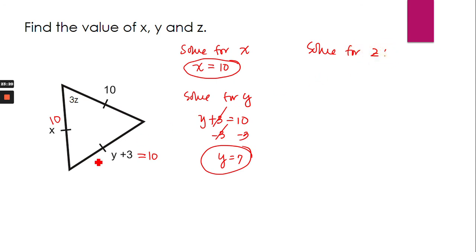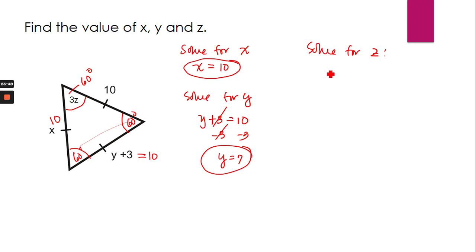Now let us solve for z. Okay, so this is an angle. We said earlier that the measure of all the angles in an equilateral triangle are equal, and each angle measures 60 degrees. So this is 60, this is 60, and this is also equal to 60 degrees. So what equation can we use to solve for z?